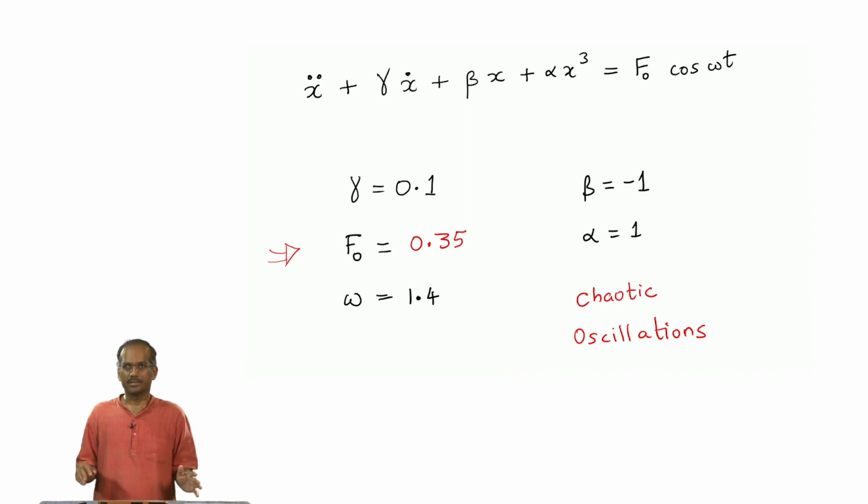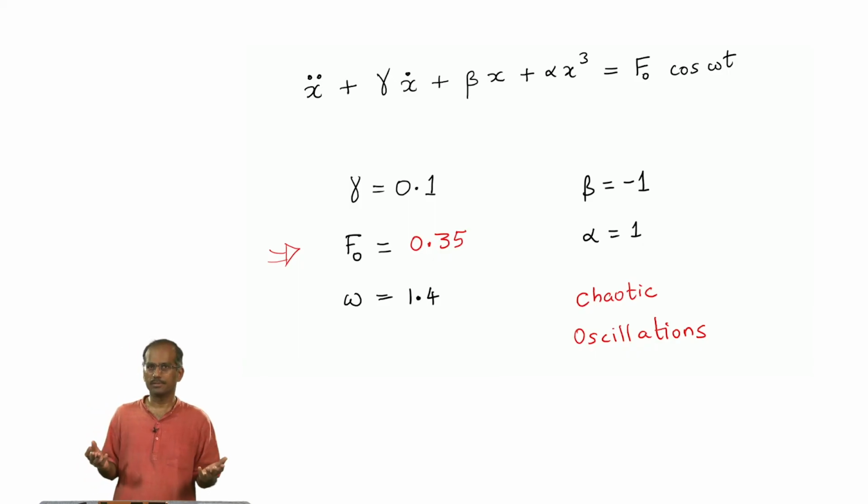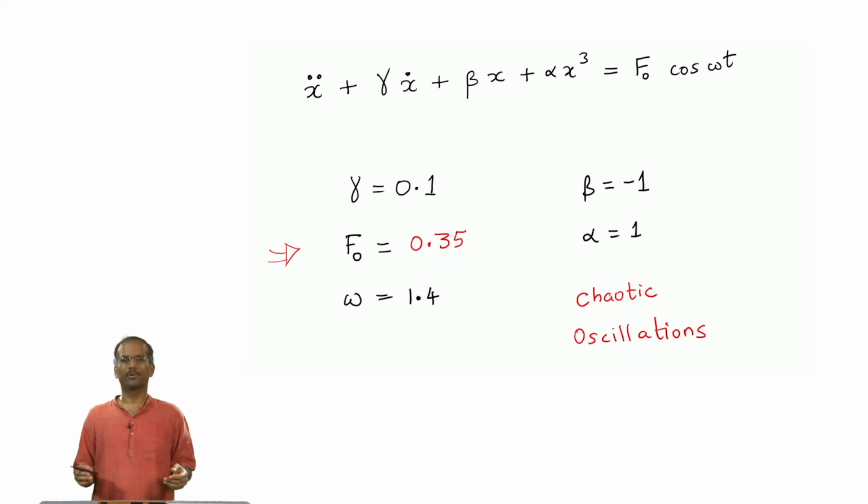So, chaotic oscillations, or in general chaotic dynamics, is just at some level rather random looking trajectories. But it shows an important property that if I start two initial conditions close by, they will diverge from one another exponentially in time, and that would not be displayed by any of the non-chaotic systems.